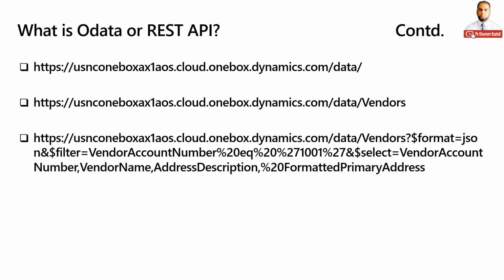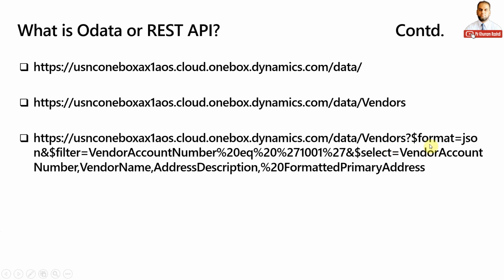And vendor entities means all the rows available through DMF, and those are definitely denormalized rows. And then there is a CRUD or OData or REST API approach to access a vendor entity, just like an SQL query where you put a select clause and you put a where clause.